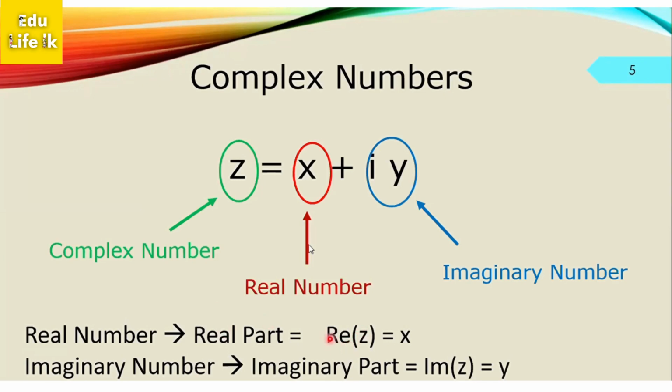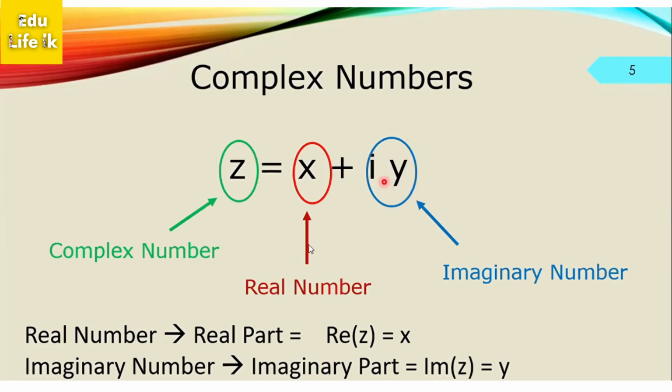We write it as Re(Z) equals X. That means if you are given a complex number Z, the real part of this Z is X. If I ask you, considering this complex number, what is the real section? That is X.